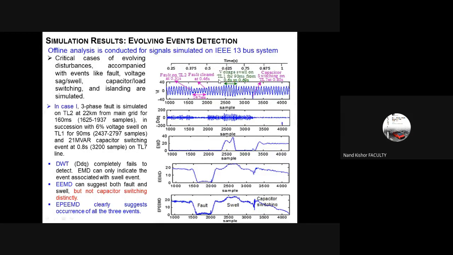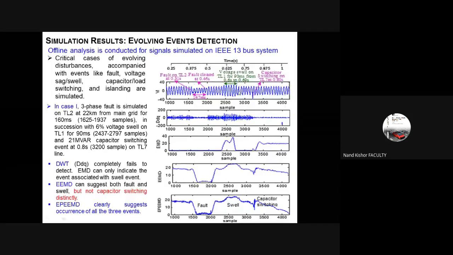So this is another transmission line, TL1, and this is TL2 here, another distribution network line. There is a voltage swell you observe here. We have this signal at the PCC, so the disturbance is taken at some other places in the network, but we observe the signal at the PCC, the point of coupling of the DG and the main utility grid.